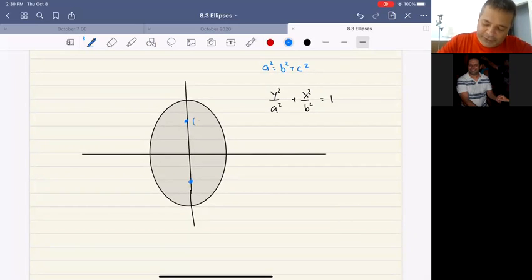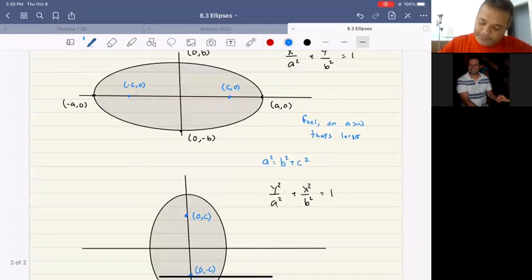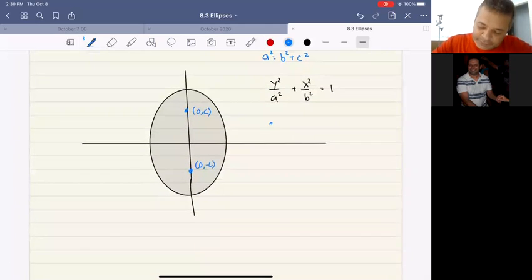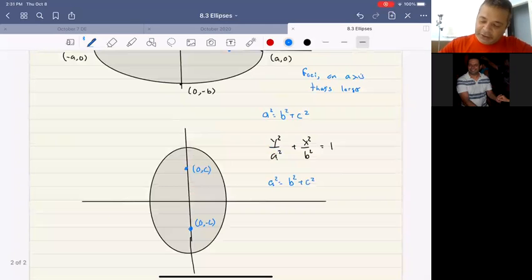So this point would be 0 comma c, 0 comma negative c. Okay, and again, we're going to have a squared equals b squared plus c squared. So again, the foci are on the axis that's larger.